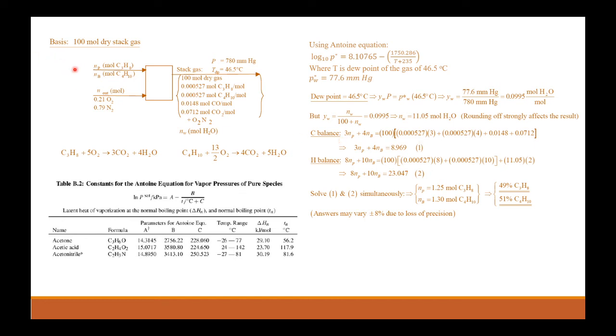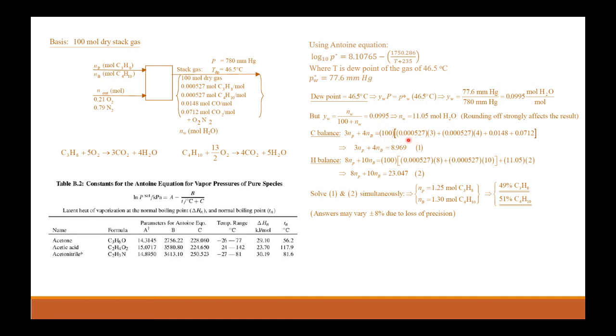The components that contain C are propane and butane. You have 3 moles of carbon per mole of propane and 4 moles of carbon per mole of butane. Since this one is in mole fraction, we have to multiply by the number of moles of the stack gas.